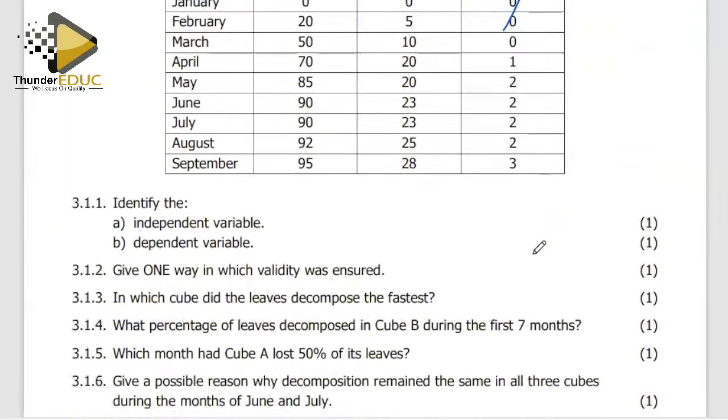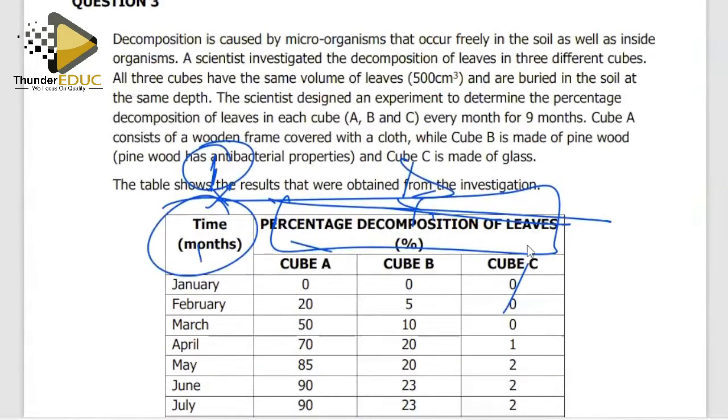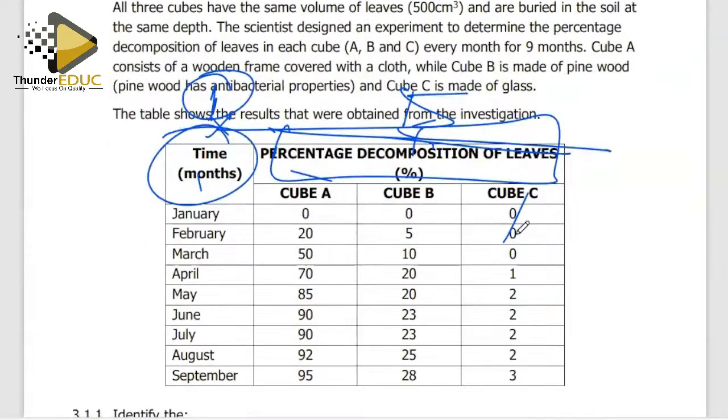Give one way in which validity was ensured. Here we are looking at what you did to ensure validity is there. If you look at it, they say they use the same cubes. They use the same cube volume, which is 500 milliliters.